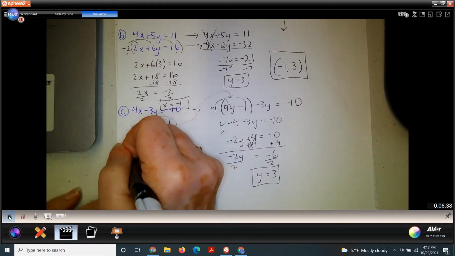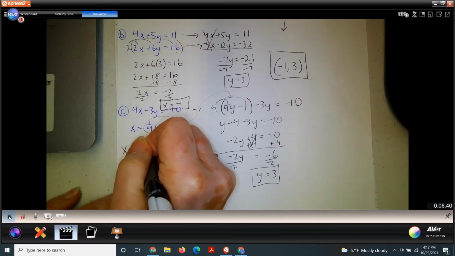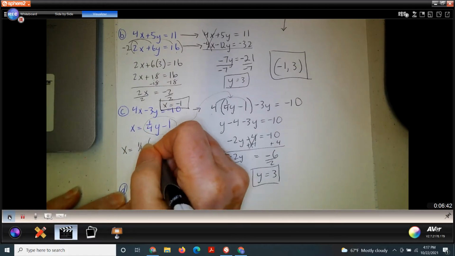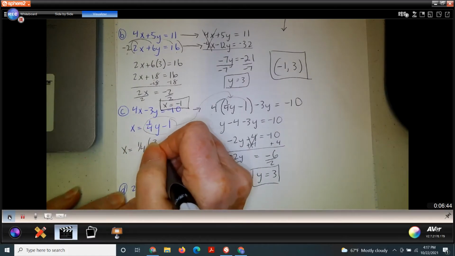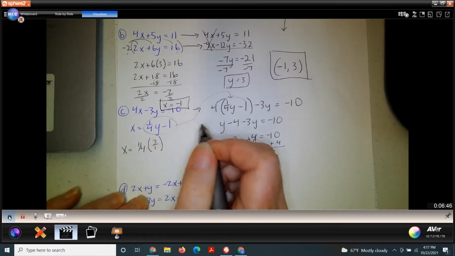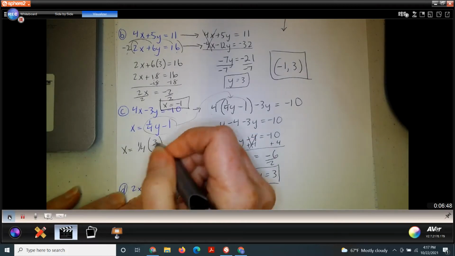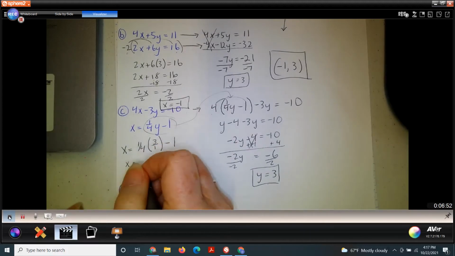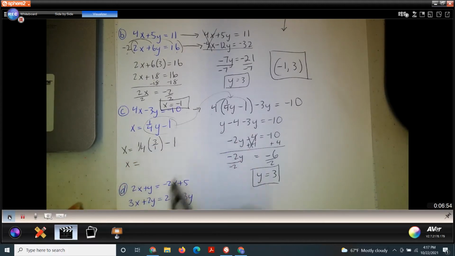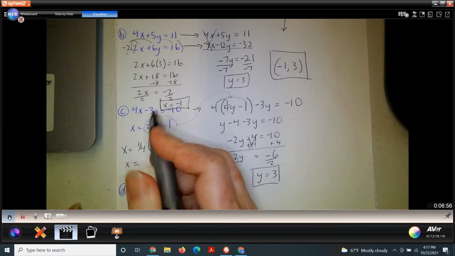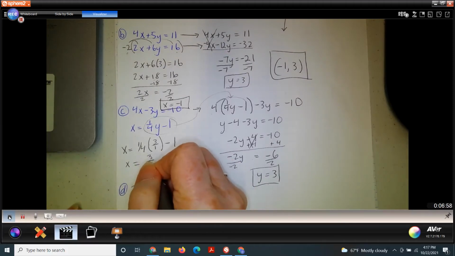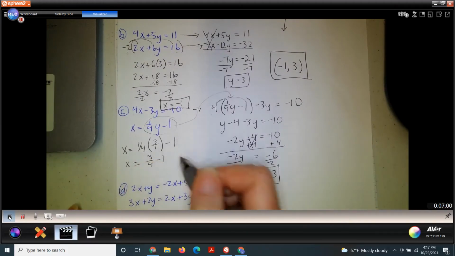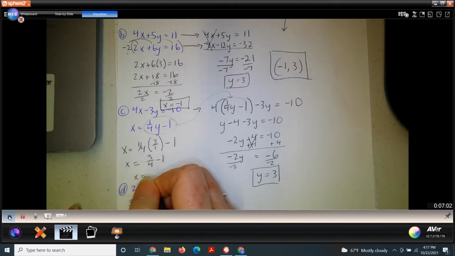So I'm going to say x equals 1/4 times y. I'm going to write it as 3/1 minus 1. Okay, so then x equals whatever 1/4 times 3 is, that would be 3/4 minus 1. And 3/4 minus 1 makes negative 1/4.